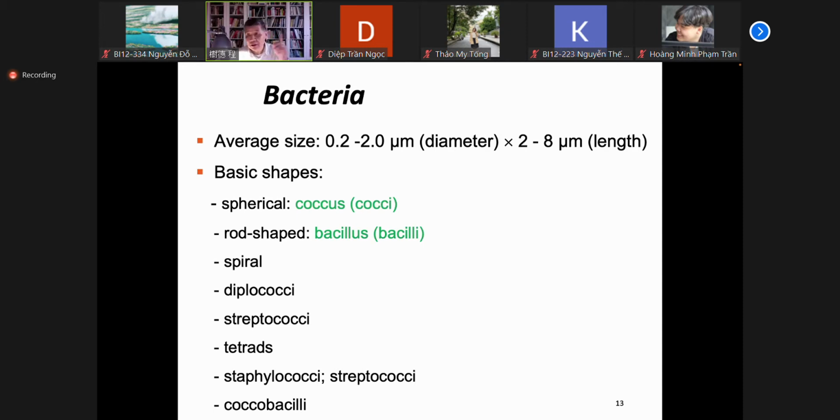First, let's talk about the size. Smaller size has its advantages. Things can diffuse into and out of the cell very quickly, and the surface to volume ratio is higher, so it can maintain a higher metabolism.